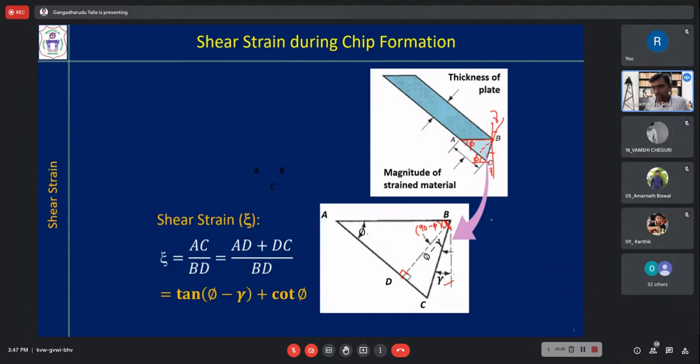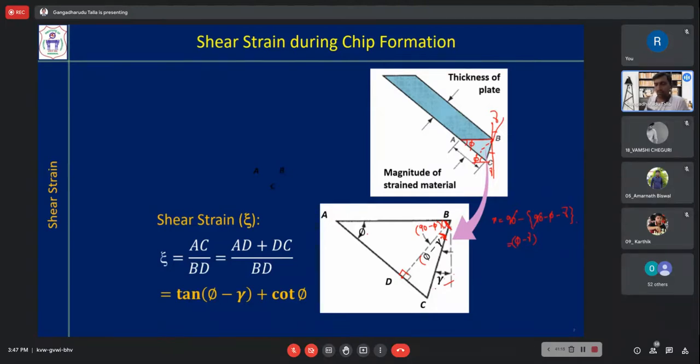If you assume this as x, then x is equal to 90 minus (90 minus phi minus gamma). So this is nothing but phi minus gamma. So this angle is phi minus gamma.